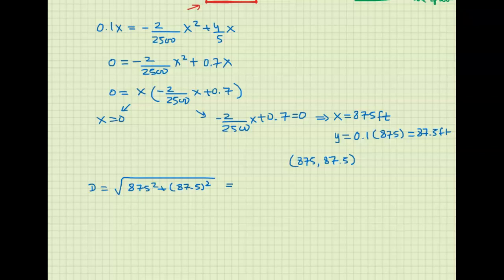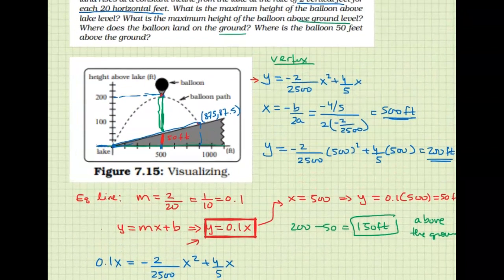So the square root of 875 squared plus 87.5 squared is 879.4 feet. So that's the distance along the ground that somebody is walking. Probably not driving.